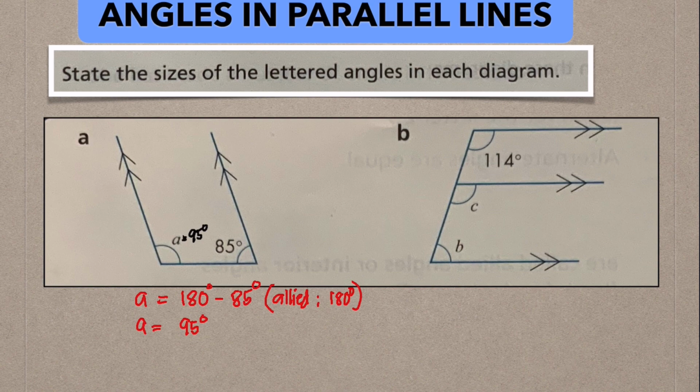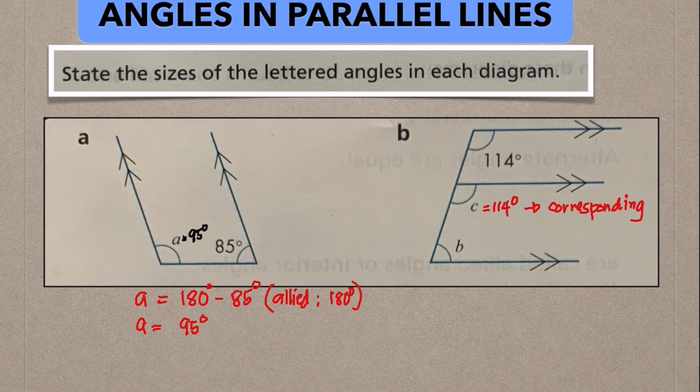Next one in the illustration here. In order to find B, we need to find C first. It's easier because 114 and C are corresponding angles, therefore congruent. So C must be 114 degrees also.